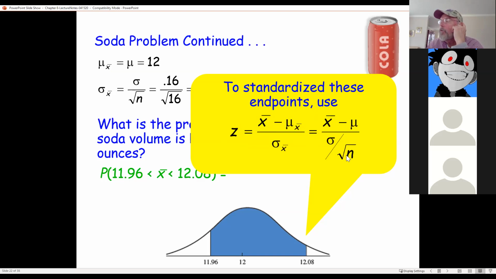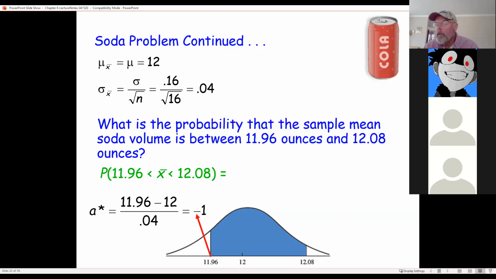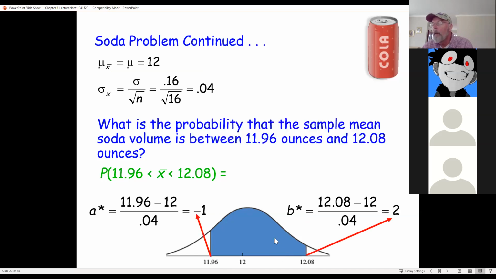We're going to think about the standard error as the denominator. If we did that, the z-score for this value right here is -1, and the z-score for this value right here is 2.